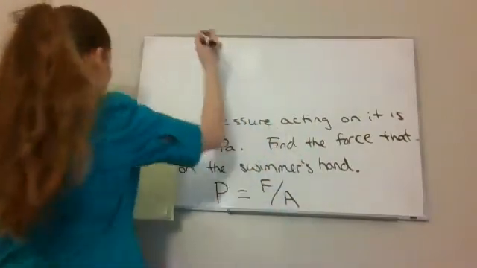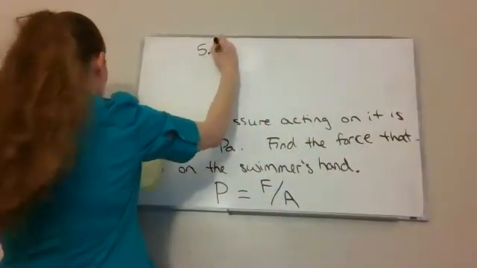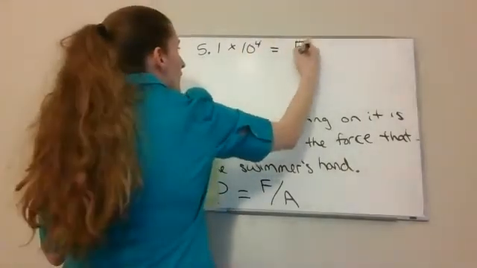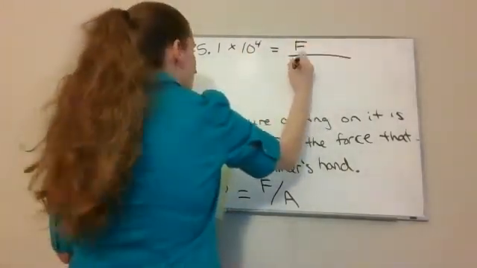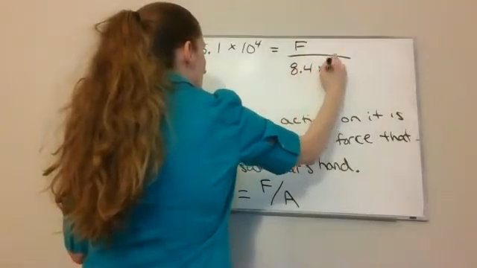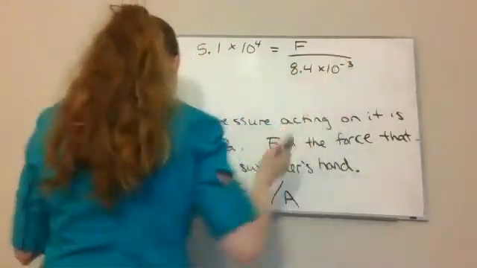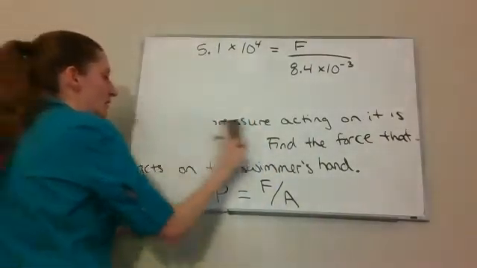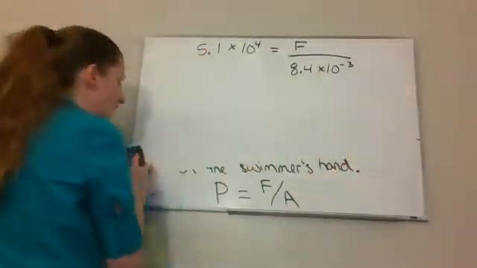So we have 5.1 times 10 to the fourth equals force over 8.4 times 10 to the negative third. To get my force, I just have to multiply by that denominator.